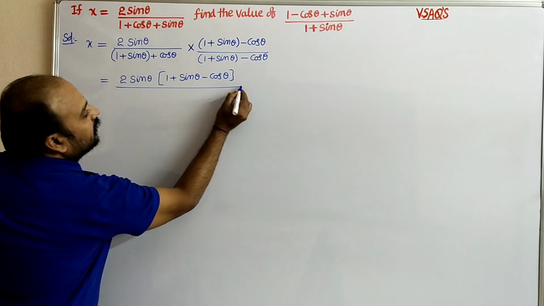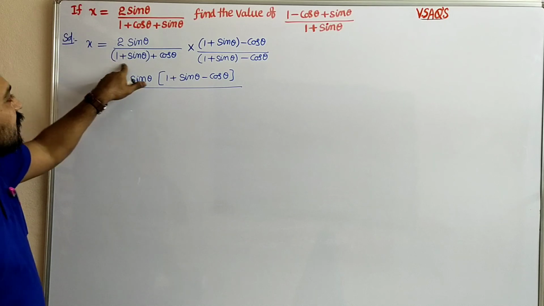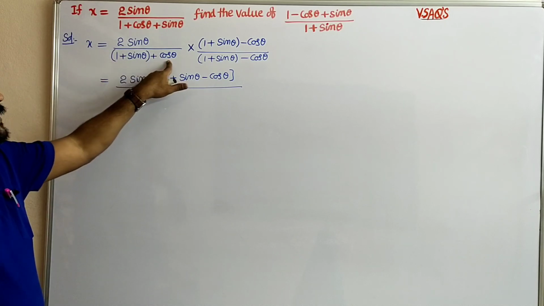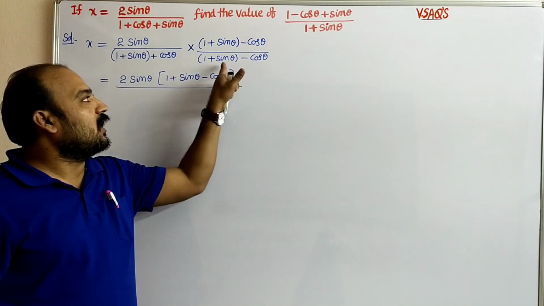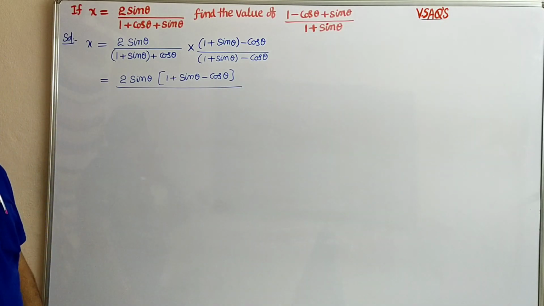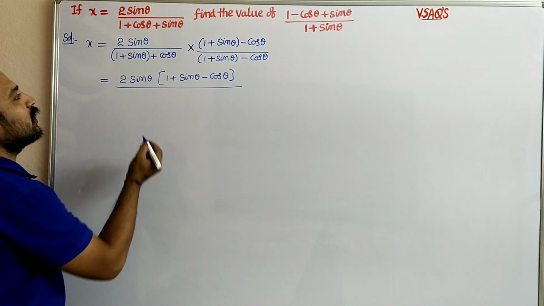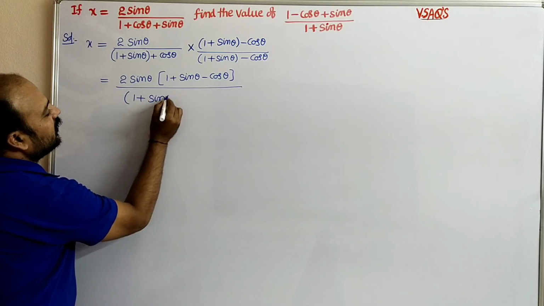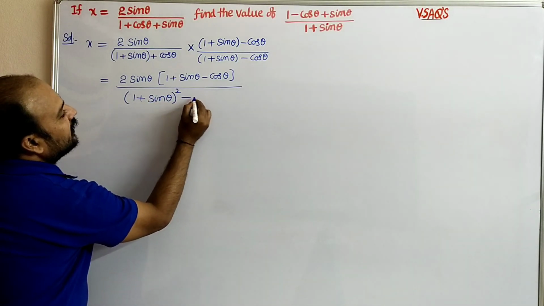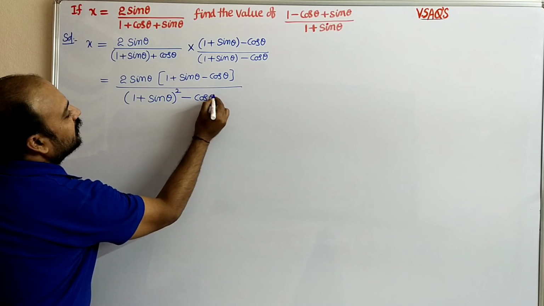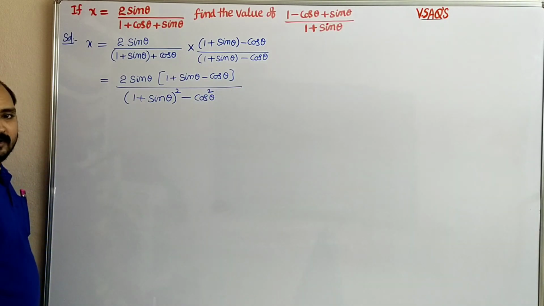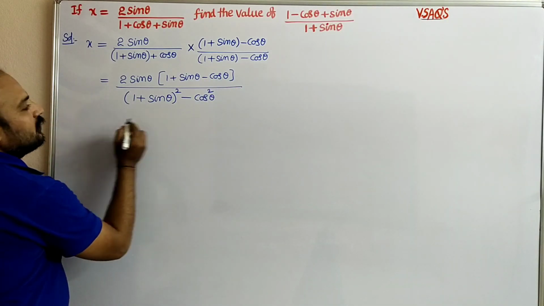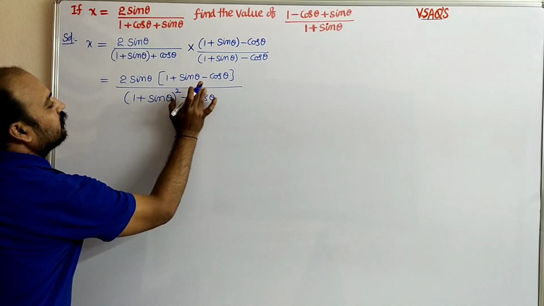Divided by, in the denominator, this is A, this is B, A plus B, this is A, this is B, A minus B. A plus B into A minus B is A square minus B square. So 1 plus sin theta whole square minus cos theta whole square, that means cos square theta. Why get down?